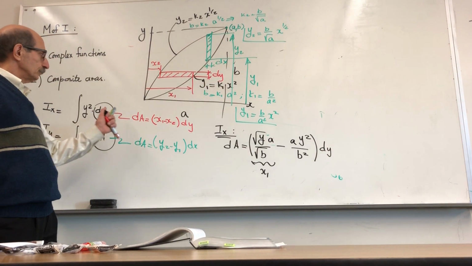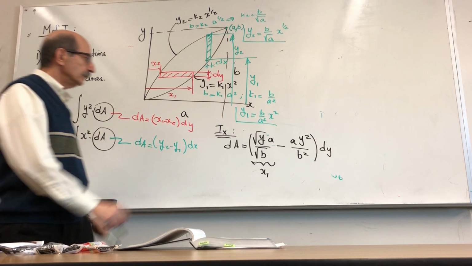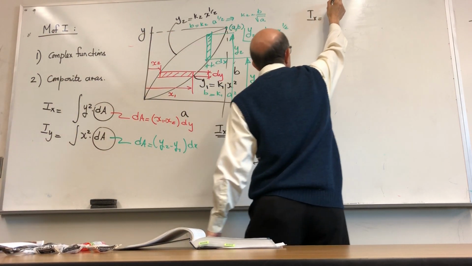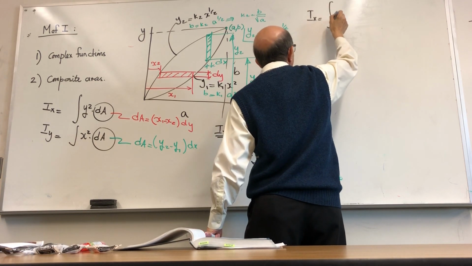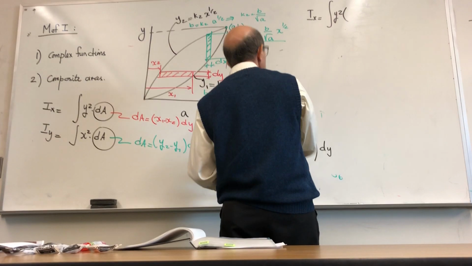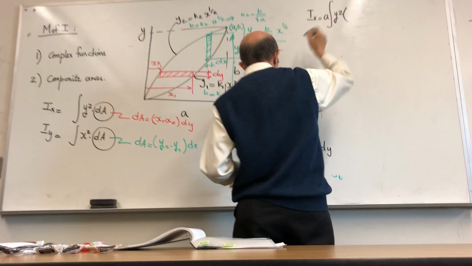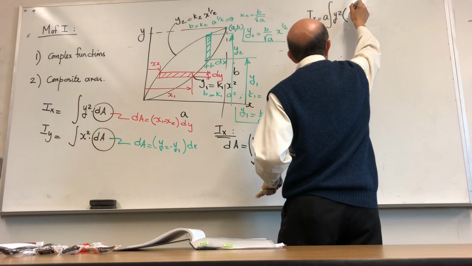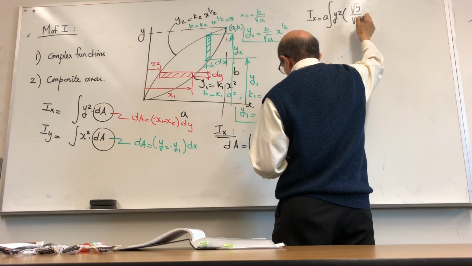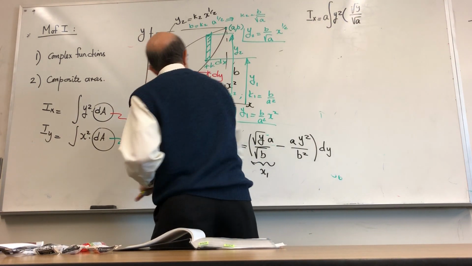So just simply substitute that in here. So Ix then would be the integral of y squared times this. And I'll take a out because it's common between the two. So you have the square root of y divided by square root of b. Okay.